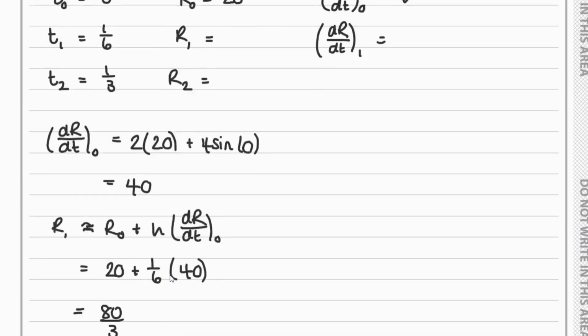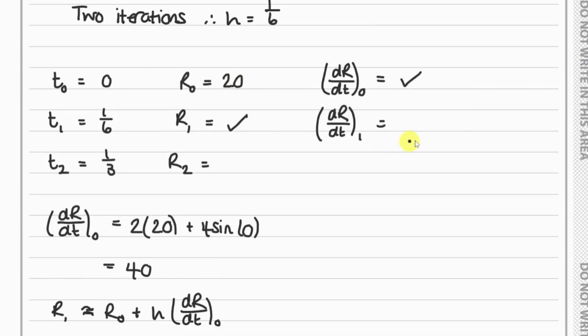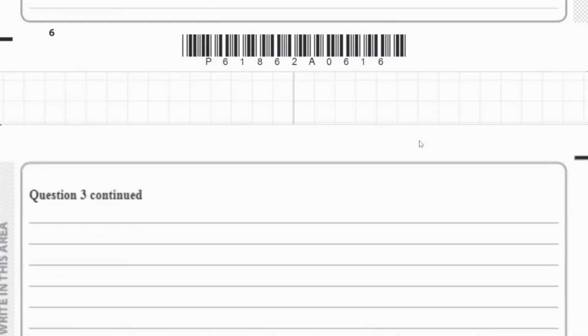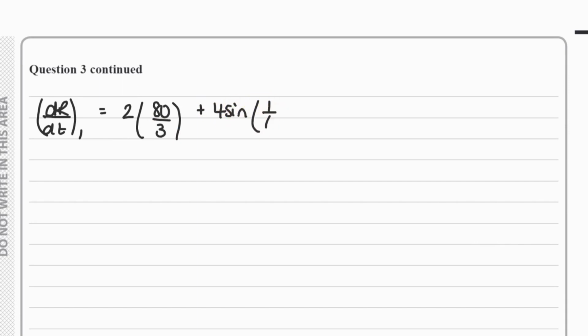So now I've got this value here, so I can go and work out dr/dt at 1. We're going to substitute into our formula here, it is equal to 2 lots of that 80/3 plus 4 sin of 1/6. When we do that, we get 53.9969 and so on.